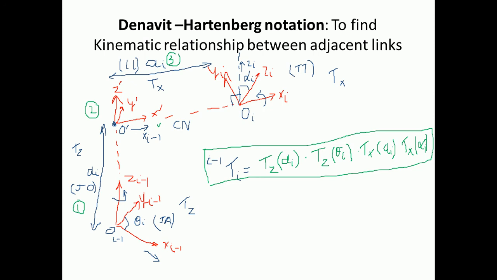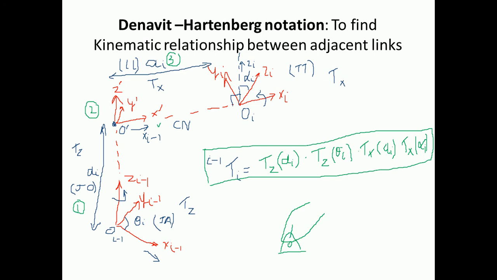If both frames are lying with the same origin, suppose there is a link over here in such a manner, and there is another link which is placed over here, so this is a revolute joint.